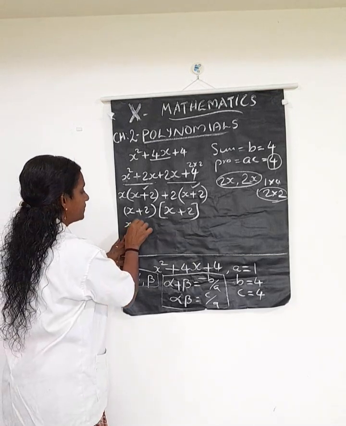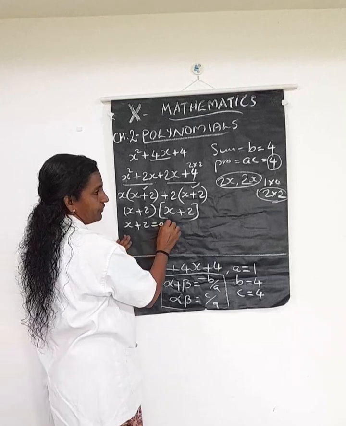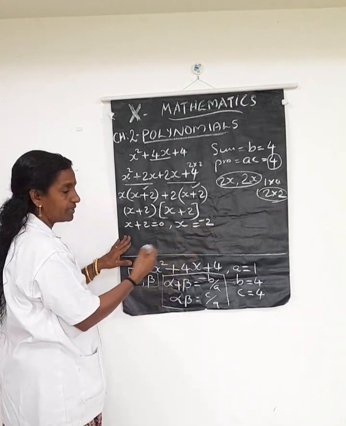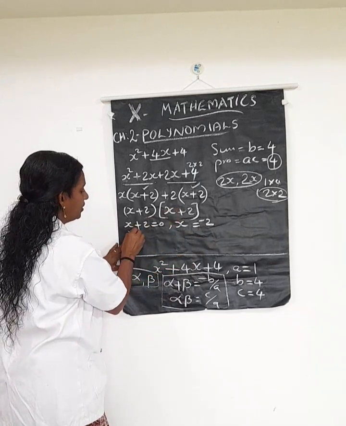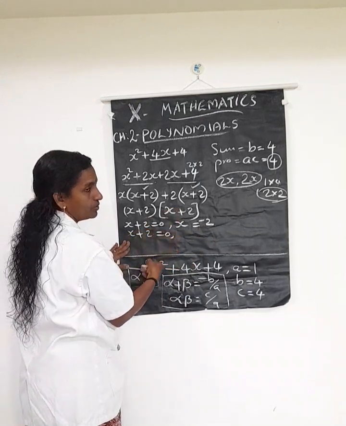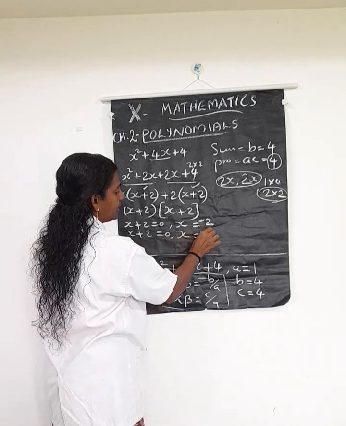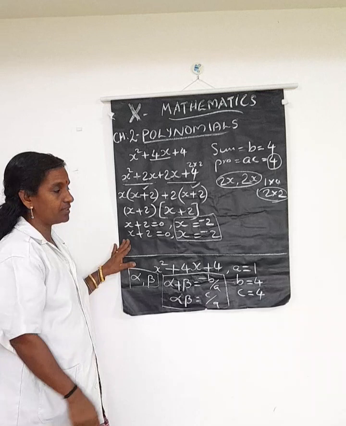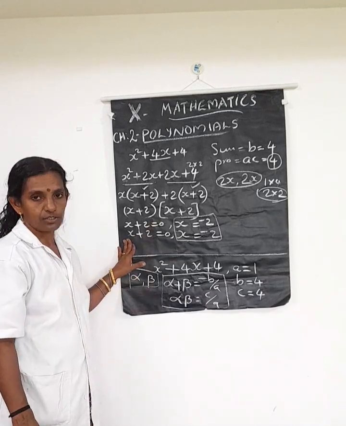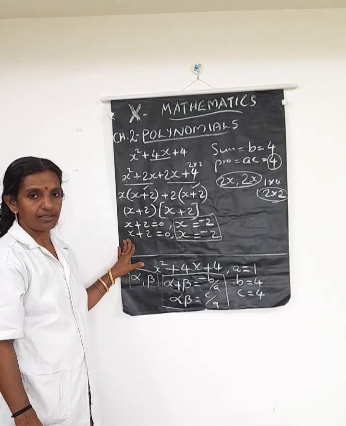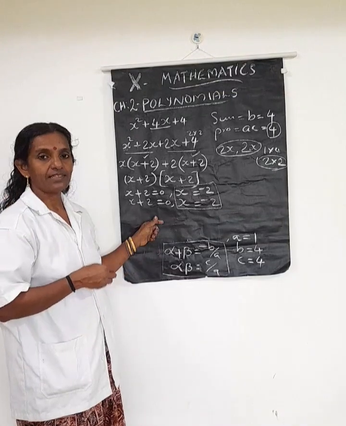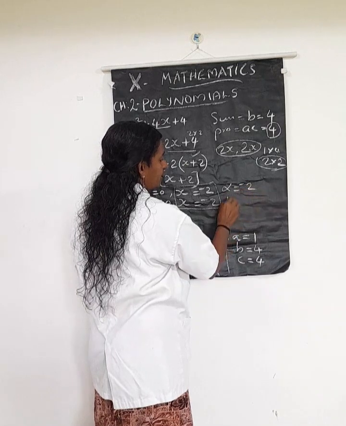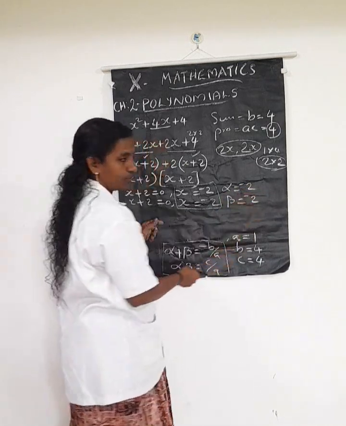That is x plus 2 equal to 0, so x equal to negative 2. The second factor is also the same, x plus 2 equal to 0, so x is equal to negative 2. So we got the 2 zeros, negative 2 and negative 2. Understand? That is, alpha equal to negative 2, beta also negative 2.